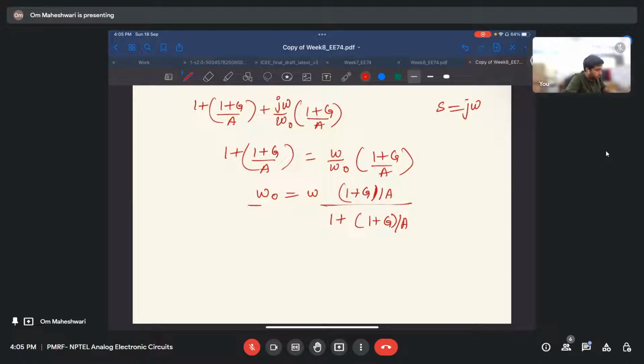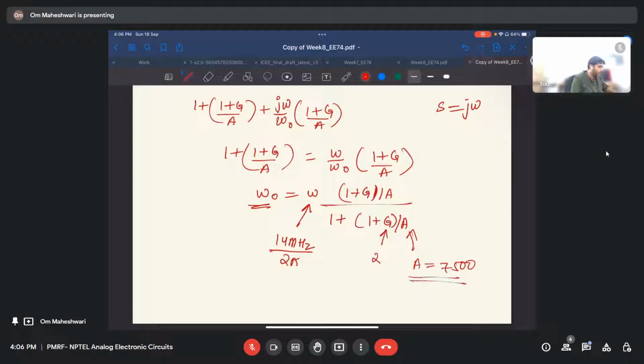So we have to find omega naught. Omega is given as 14 megahertz, and you will need to divide it by 2 pi, that is, 2 pi times that is omega. G we know is 2. A we had calculated, A was 7500, or A or K, whatever that was earlier.